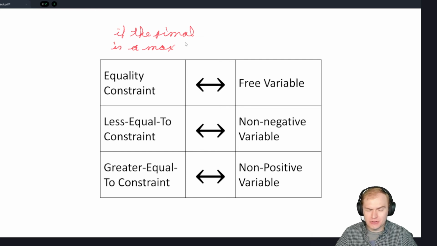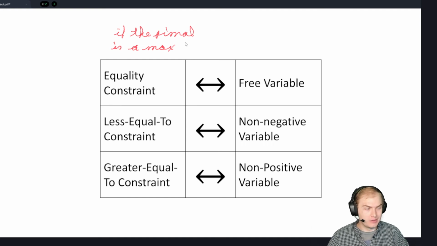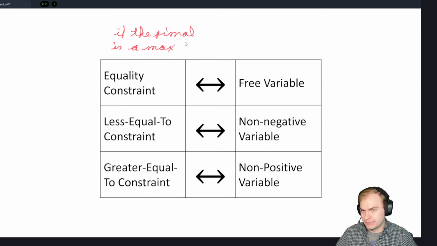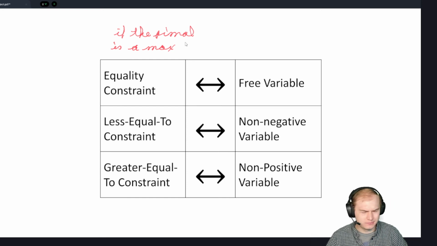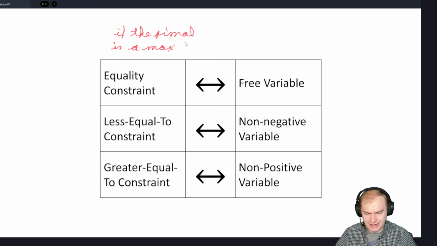For a minimization, so we've been doing all of our logic based on the fact that we wanted to upper bound a problem. An upper bound is important for a maximization problem, but if our problem is to minimize, then having an upper bound doesn't actually tell us anything at all.